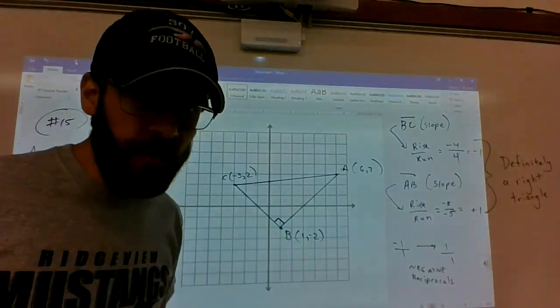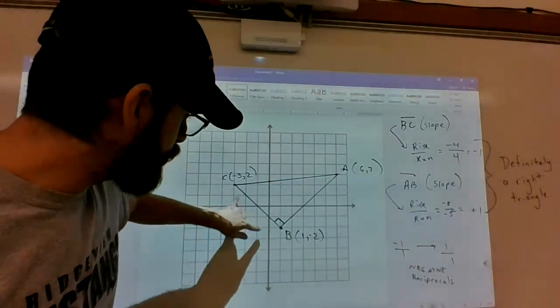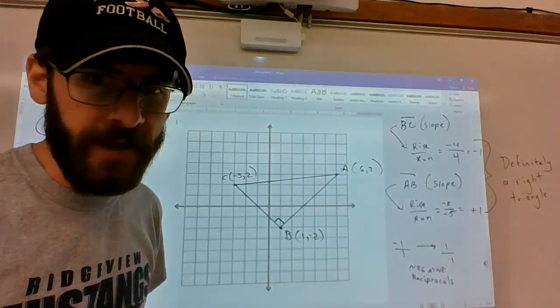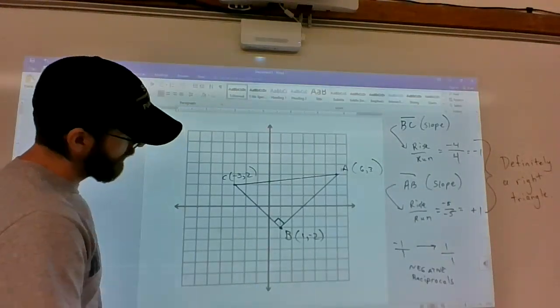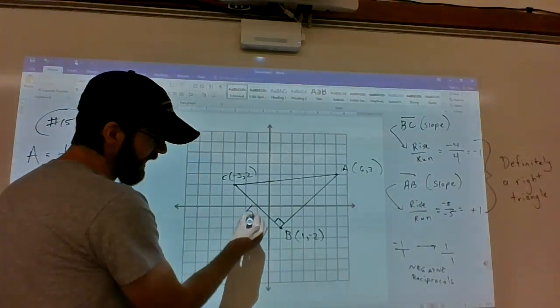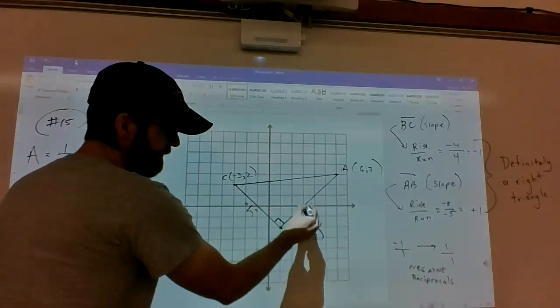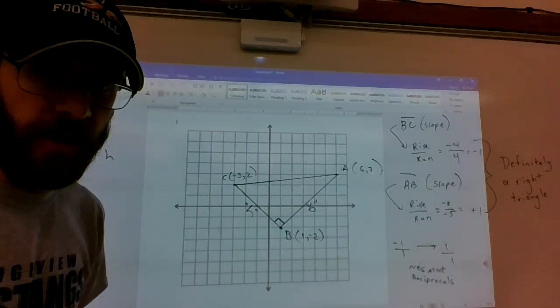And I don't think we want to do that because we've already got two line segments that we can work with as the height and the base. So I'm going to say this is my height and this is my base. So height, base. They could be switched around if you wanted to.